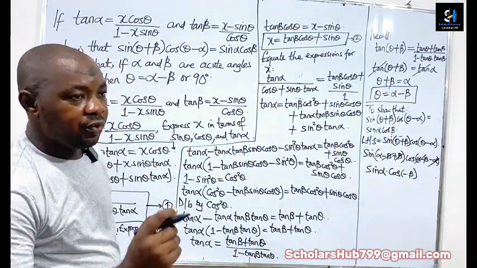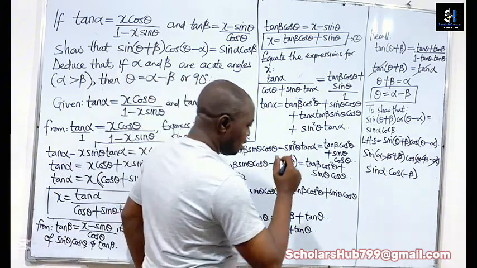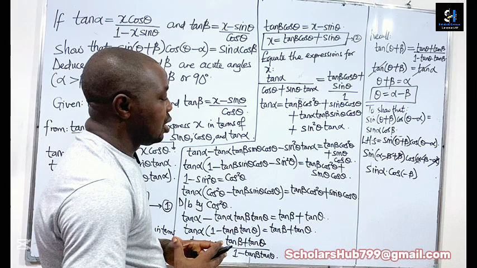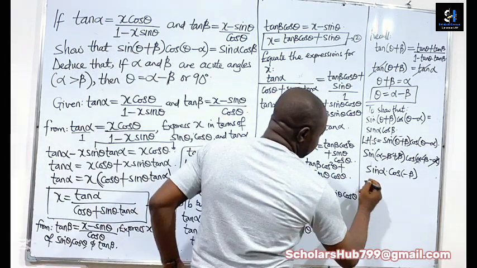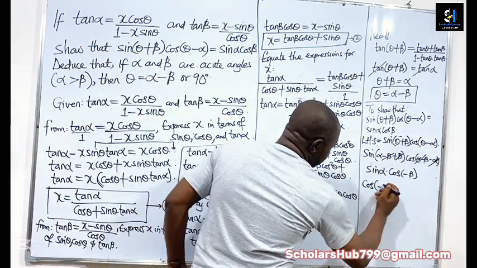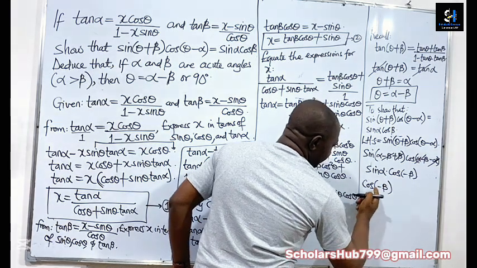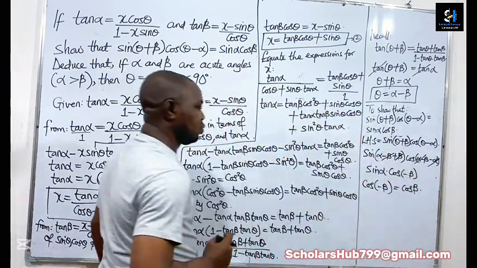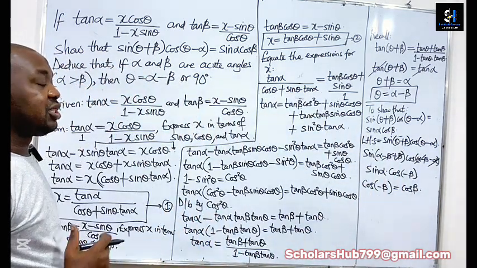Now we can recall one of the statements that says that cosine of a negative angle will be equals to the cosine of that angle.